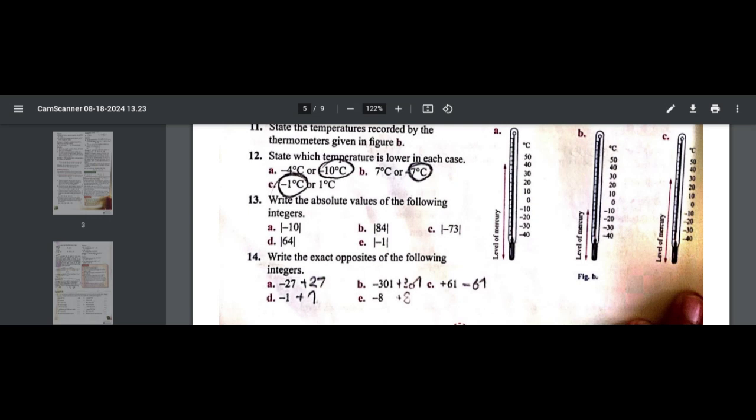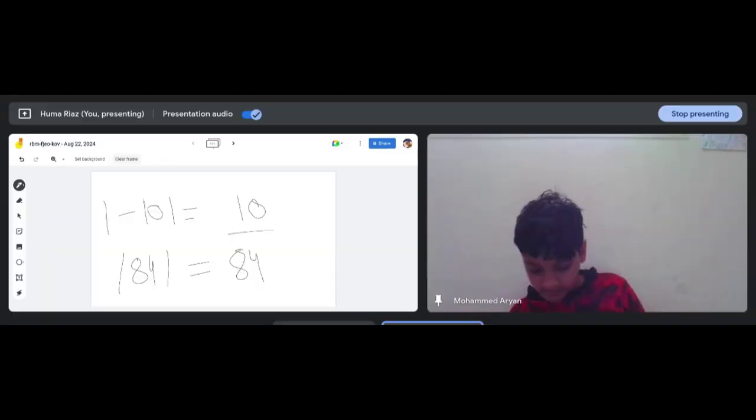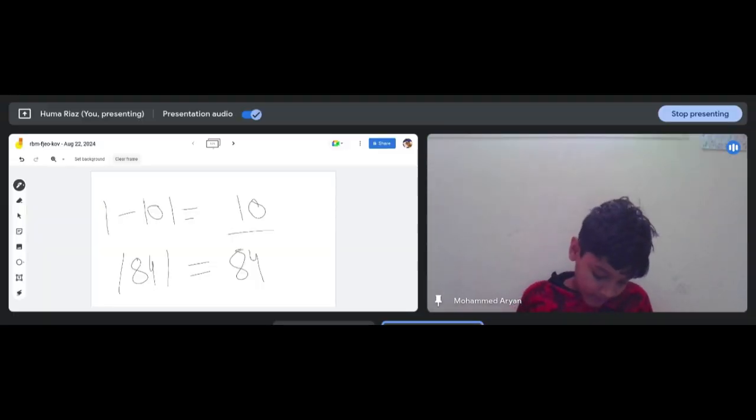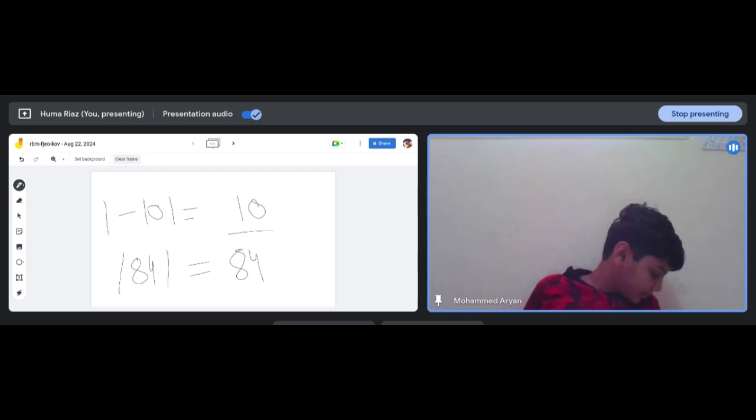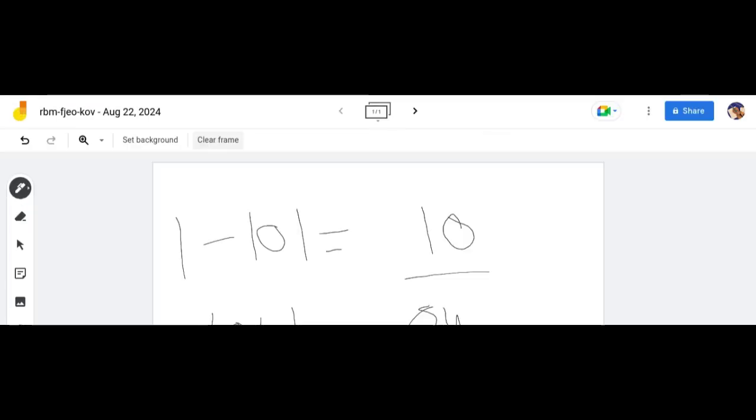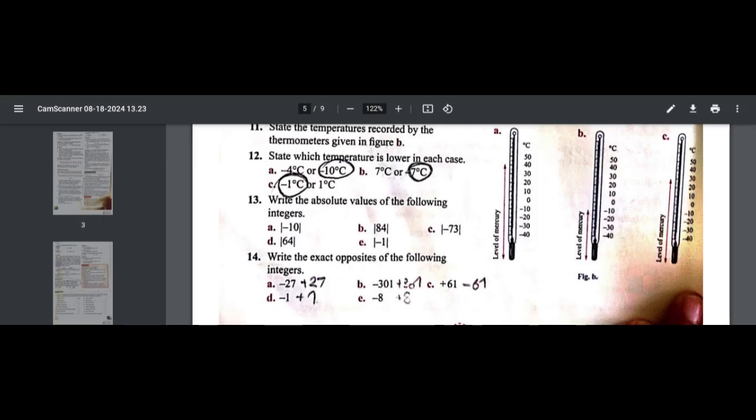You can write it down in front of them for A, B, C, D, E. When you're done, let me know. On your textbook, for the 13.